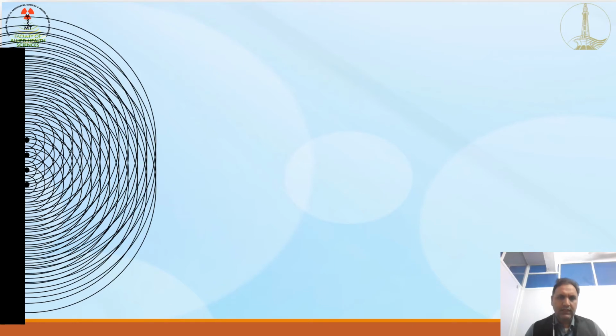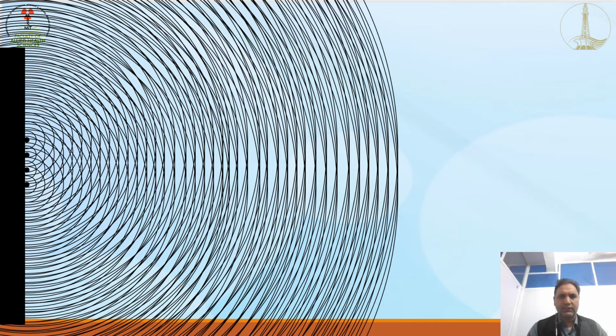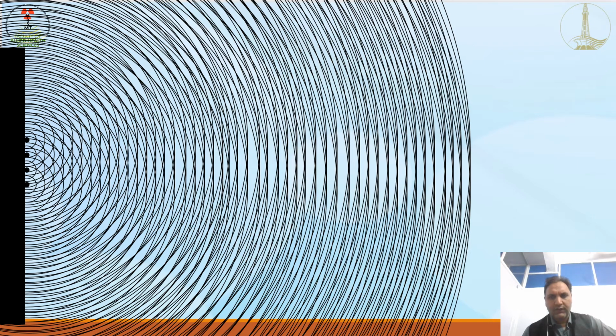These sound waves are generated by individual wavelets, but they combine with each other to form the beam. And here you can see the intensity of the beam is converged at a certain point, and then it begins to diverge.